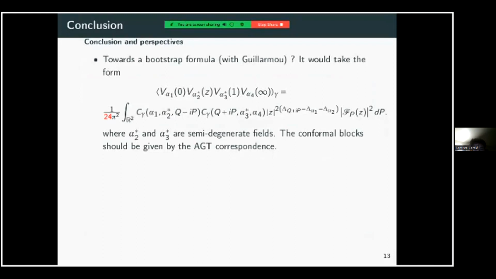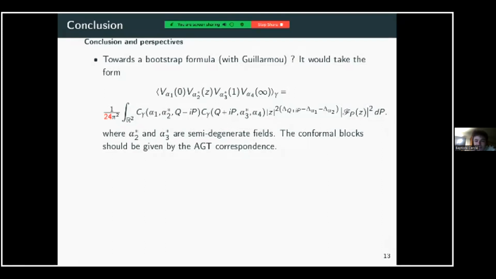Okay, so let me say a word on this formula. On the first line, you have a 4-point correlation function. This object is defined using probability. You know the correlation function has been defined using these GMC measures. However, inside these correlation functions, you notice that you have alpha 1 and alpha 4, which are generic points, generic weights. You can take any alpha 1, alpha 4 in this probabilistic region.